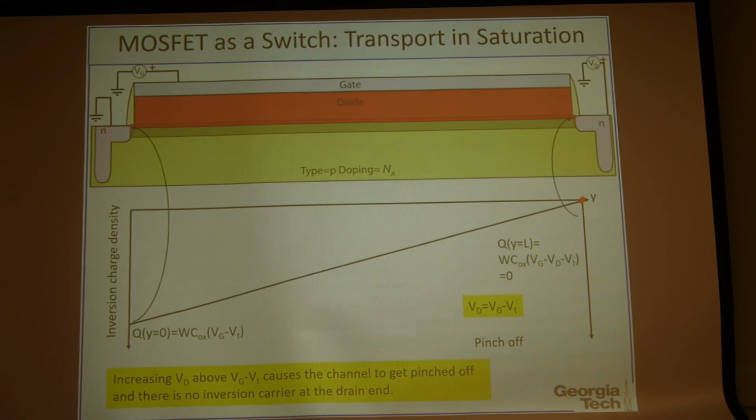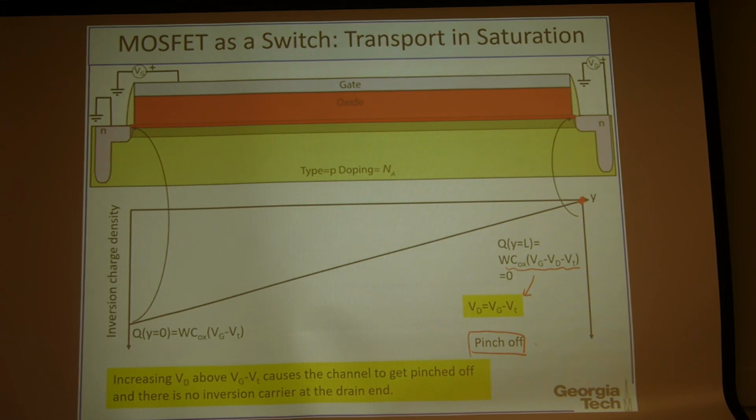So this is called the pinch-off condition. The channel is pinched off at this moment. So the condition for the pinch-off is when this charge to the drain side becomes 0. So that means this one becomes 0. If this one becomes 0, you will get the condition where the Vd equals Vg minus Vt.